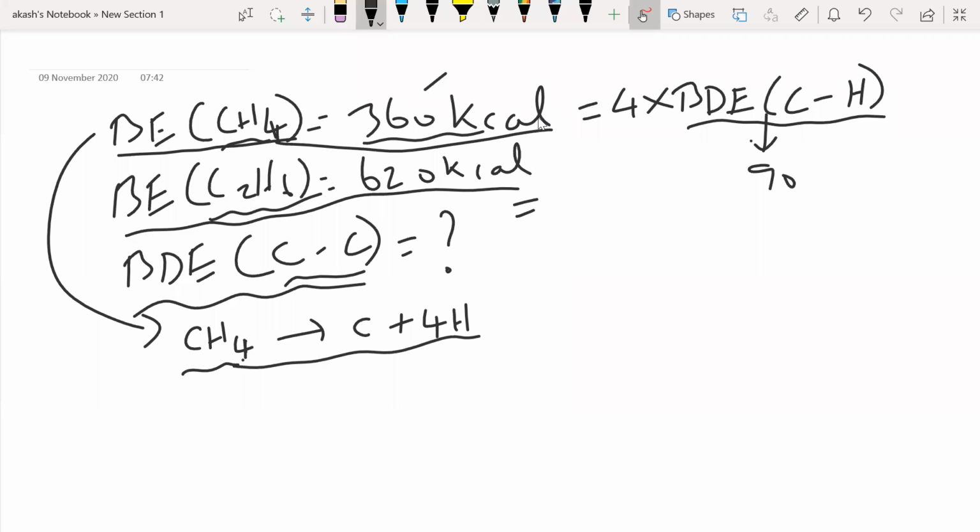Hope you remember the structure. It's CH3, CH3. This is ethane, C2H6.